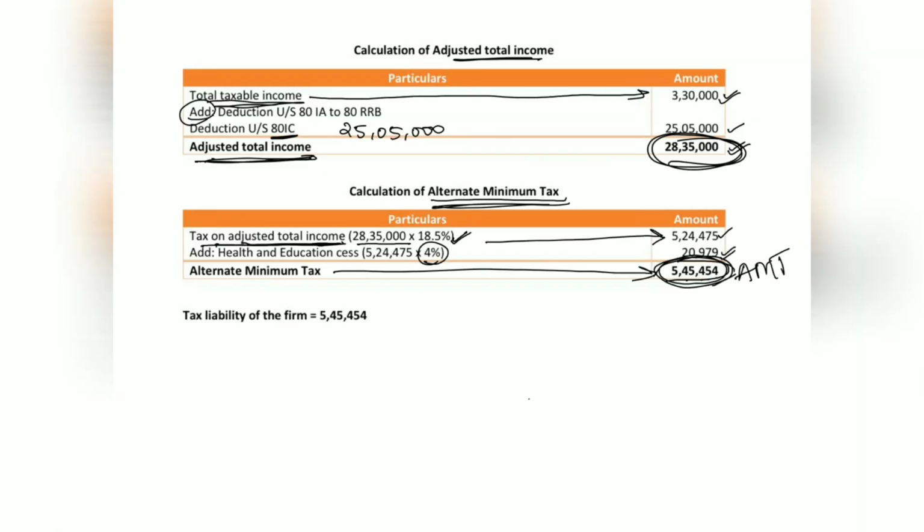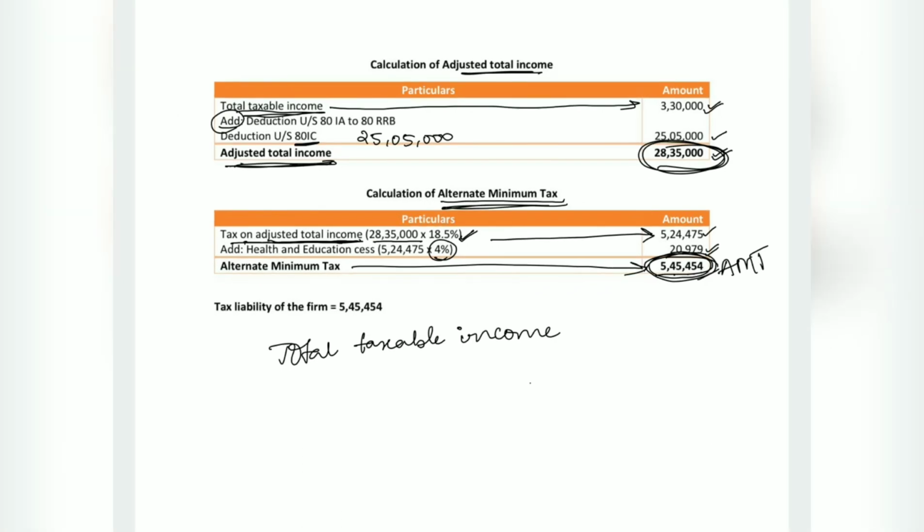So the total tax as per IT comes to 55,120 rupees, and AMT is 5,45,454 rupees.